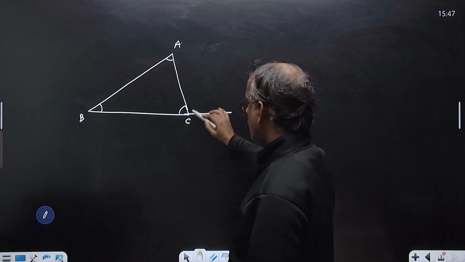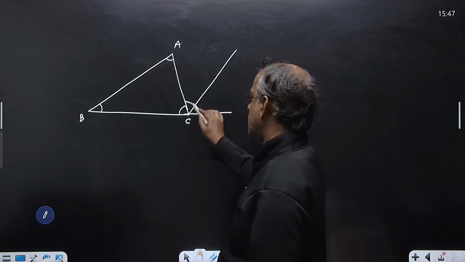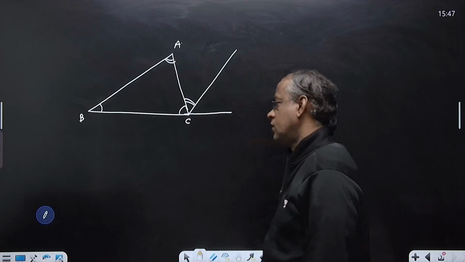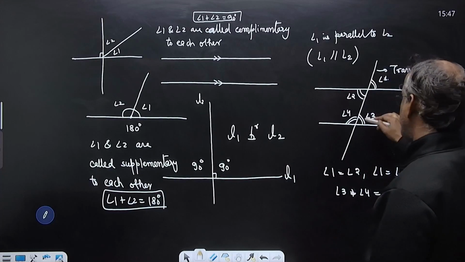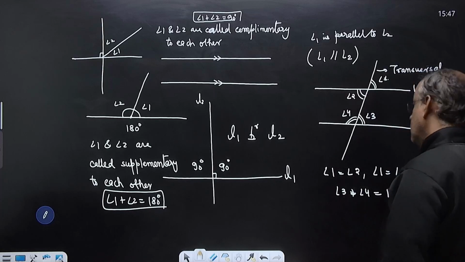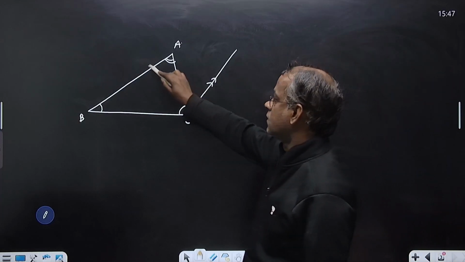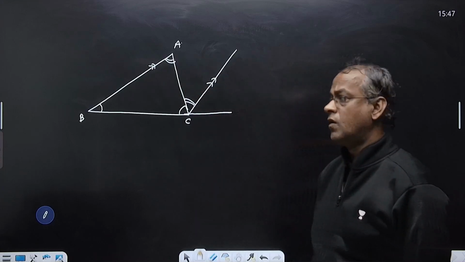What you do is you draw a line parallel to it. These two angles are equal, we just saw. Since these two are parallel lines, they are alternate angles, alternate interior angles.